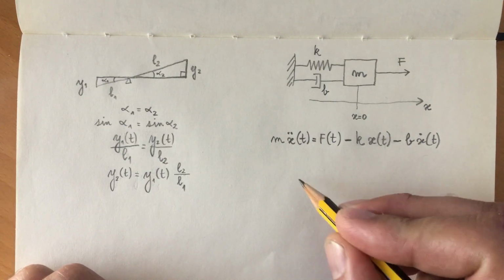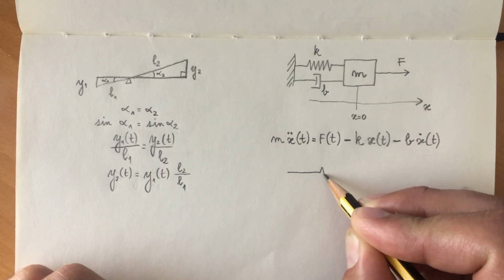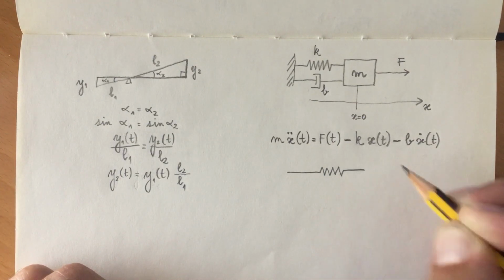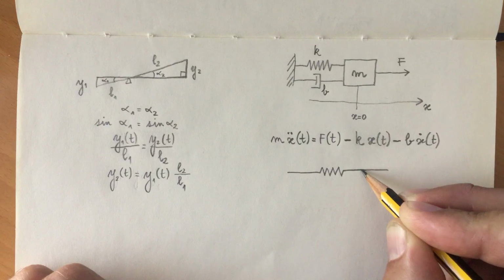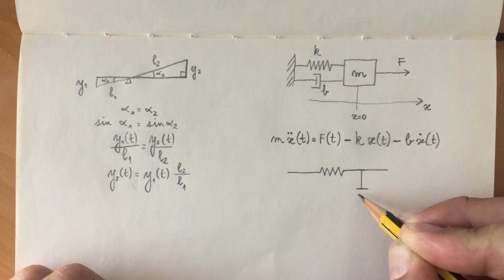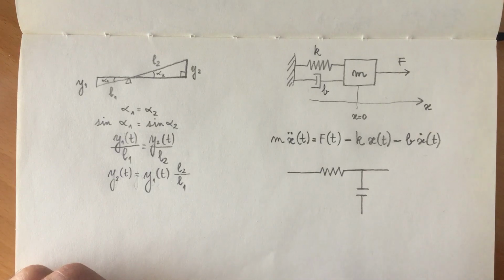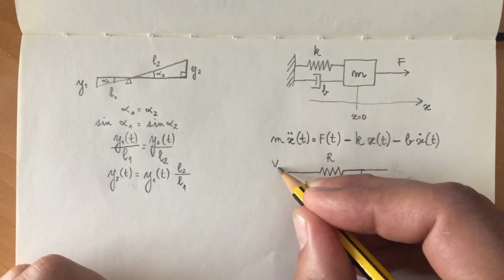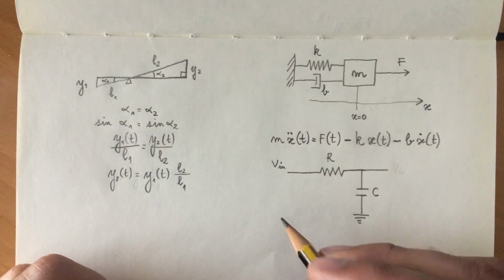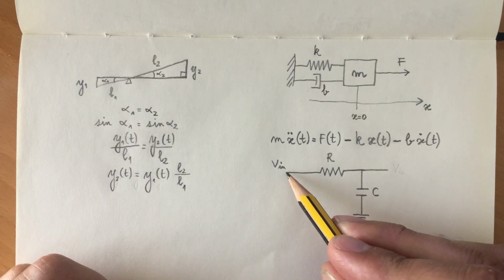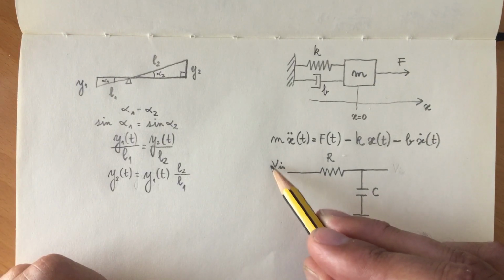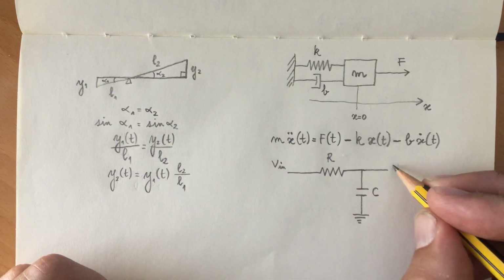Let us consider another system which is also modeled by a differential equation and is consequently dynamic. The voltage or electric tension imposed at this point is the input of the system.